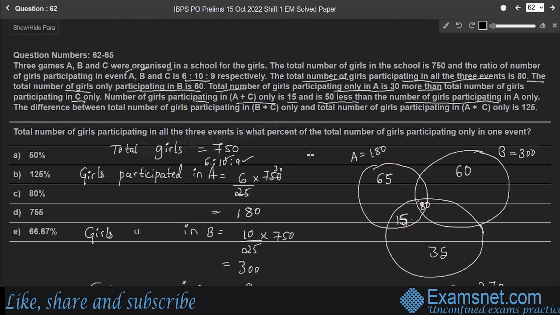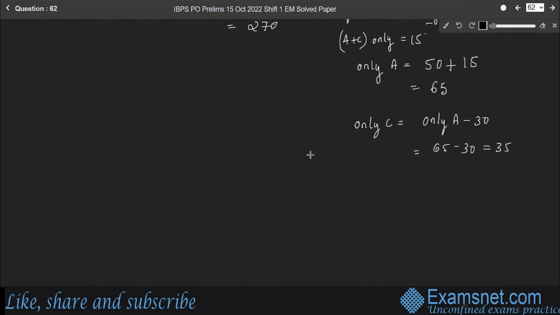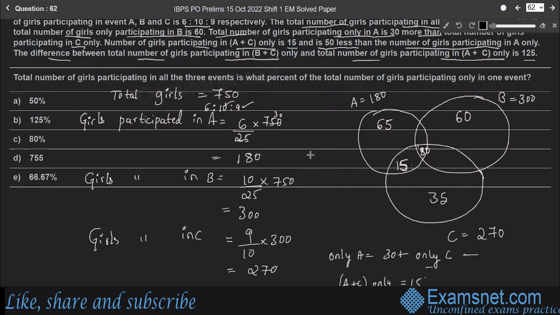Here, the difference between total number of girls participating in B plus C only and the total number of girls participating in A plus C only is 125. So B plus C only, the difference, and A plus C only is 125. Right?